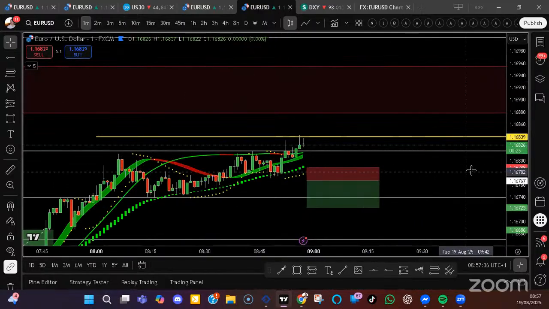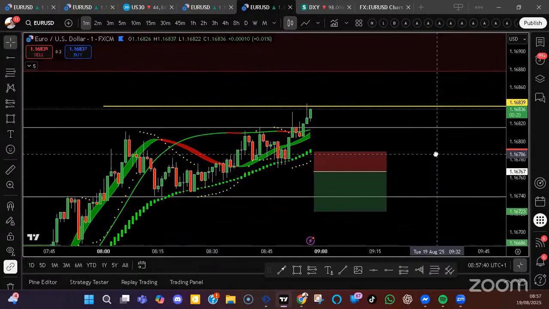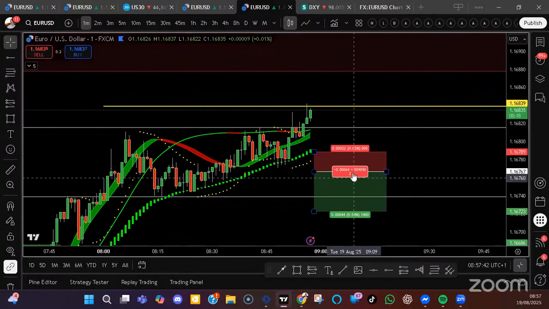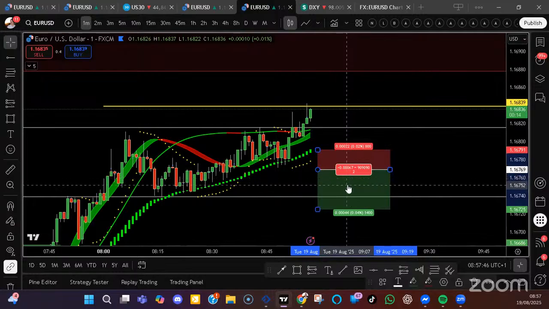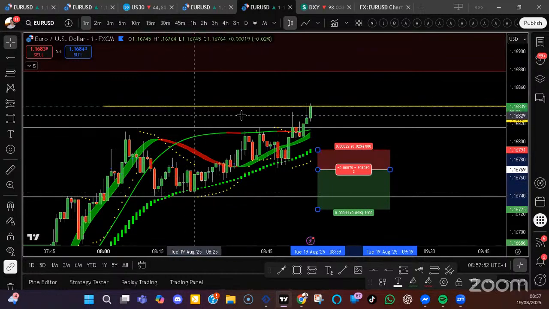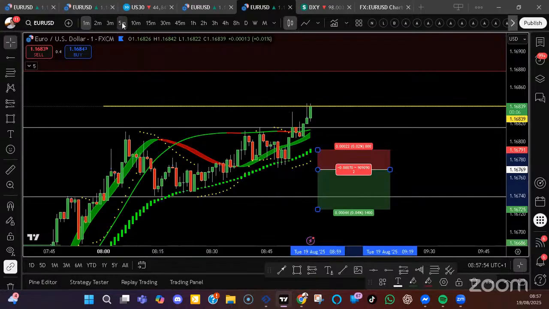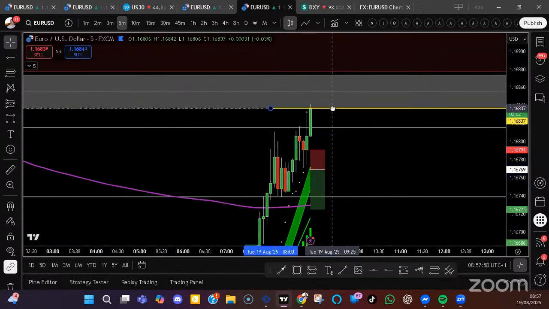But that's something you can see if you stare at the screen long enough. But if you don't wish to wait for these things to happen, what you do is you mark the zones up like I've done here.